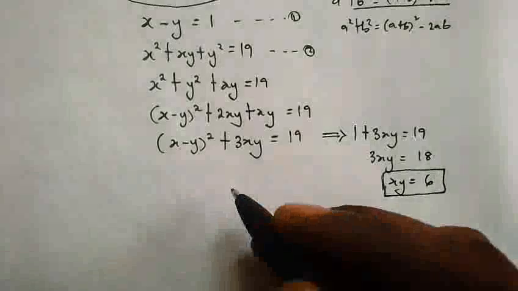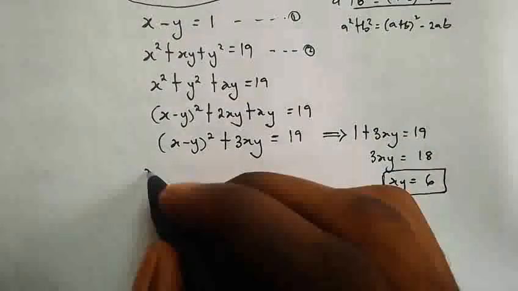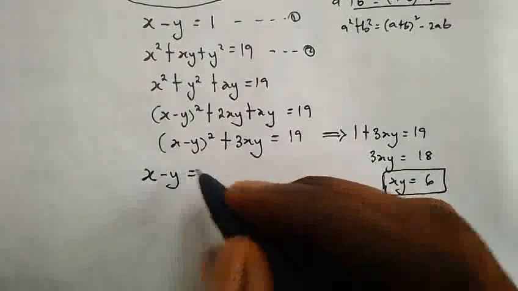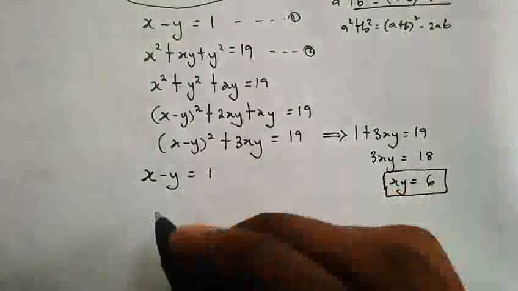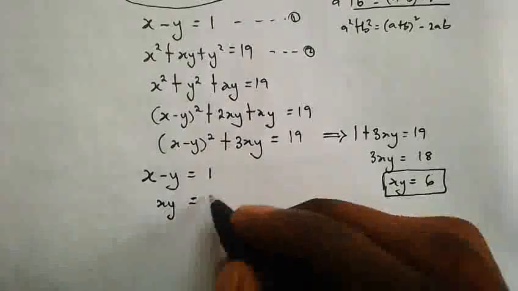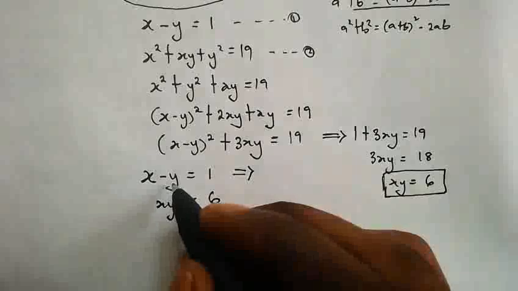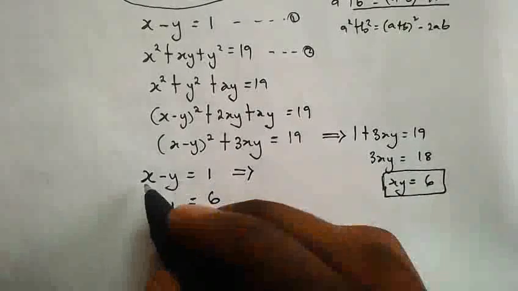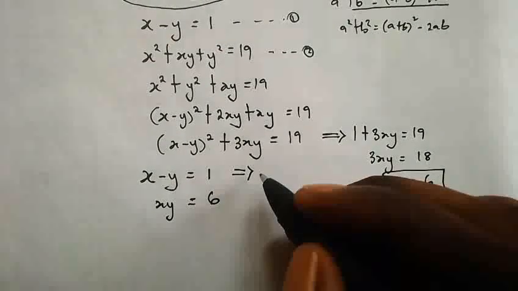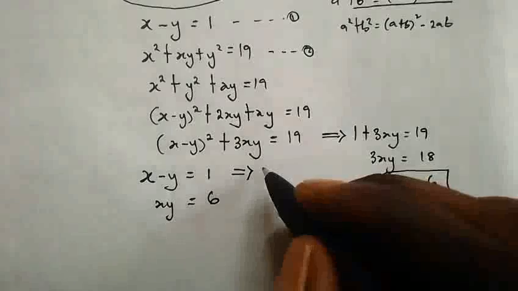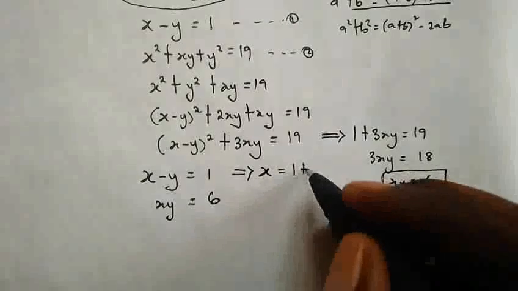Now we have to depend on these two equations: x minus y is equal to 1 and xy is equal to 6. From here we can solve for y in terms of x, or we can solve for x in terms of y. Let us go ahead and solve for x in terms of y. So here we have x is equal to 1 plus y.